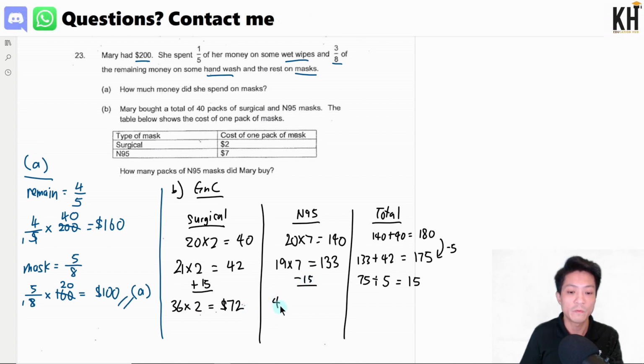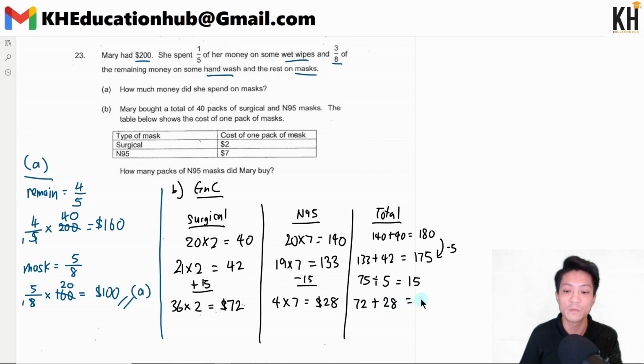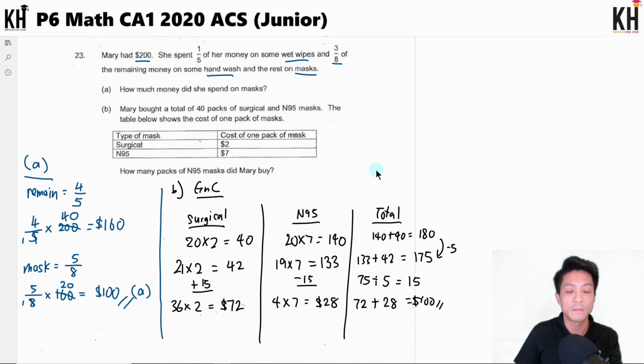And so this will be 4 times 7, which will give me $28. Okay, so 72 plus 28 will give me $100. Okay, so how many packs of N95 mask did Mary buy? That would be the answer, which will be 4.